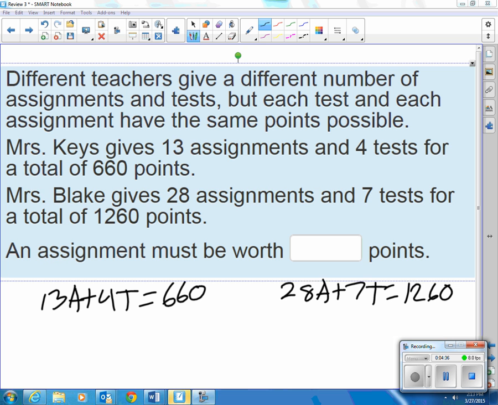Well, do 4 and 13 divide evenly? No. Do 28 and 7 divide evenly? Yes. Let's solve the one with the larger coefficient.